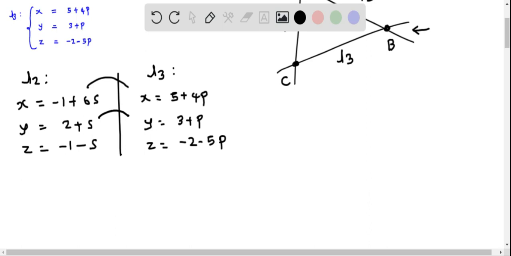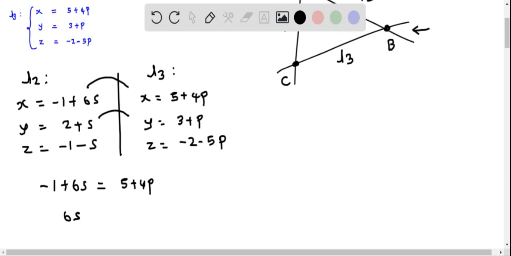I'm going to equate the parametric equations of the x coordinate between L2 and L3. So therefore in L2 it is negative 1 plus 6s. This represents x, and 5 plus 4p is represented by x in L3. So now we can form an equation between s and p.